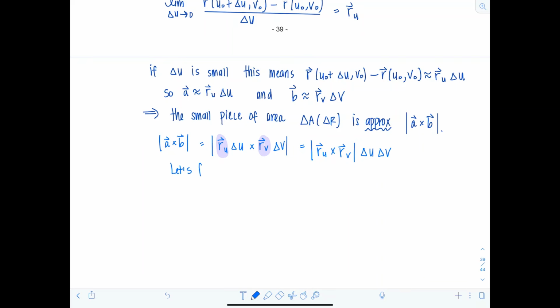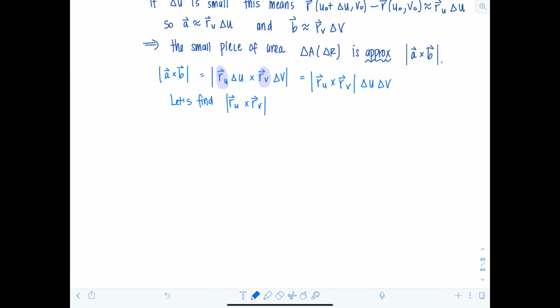All right, so now let's go ahead and find what the magnitude of partial with respect to U crossed with partial with respect to V is. Remember how to do that? I'll set up the whole 3 by 3 determinant. So partial with respect to U crossed with partial with respect to V. We have here an i hat, a j hat, a k hat.